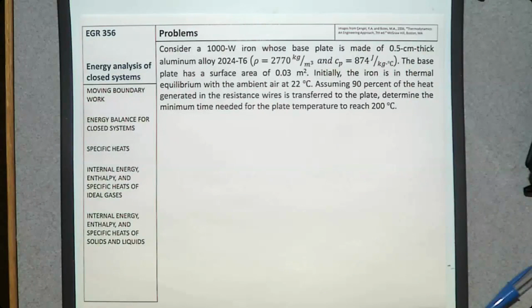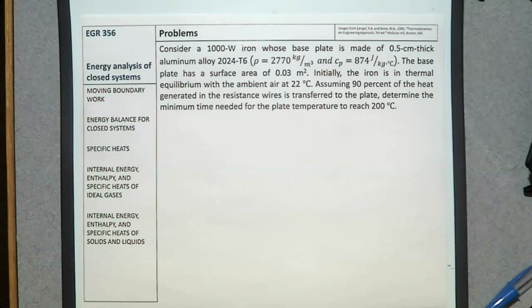So the first thing you need to do is, what is our system? Air, resistance wire, or the base plate? How do we determine our system? What do we study here? We study the change in temperature, right? Whose temperature? Air temperature?